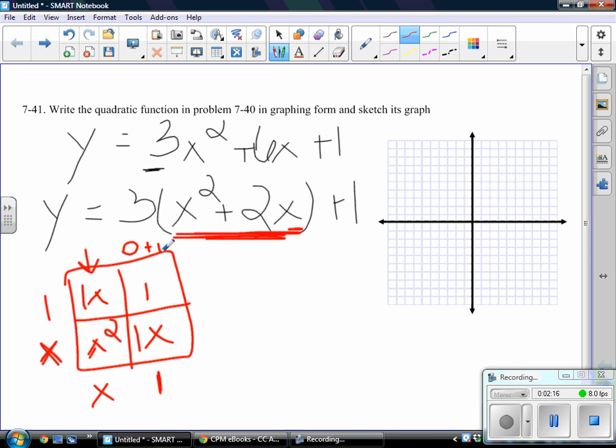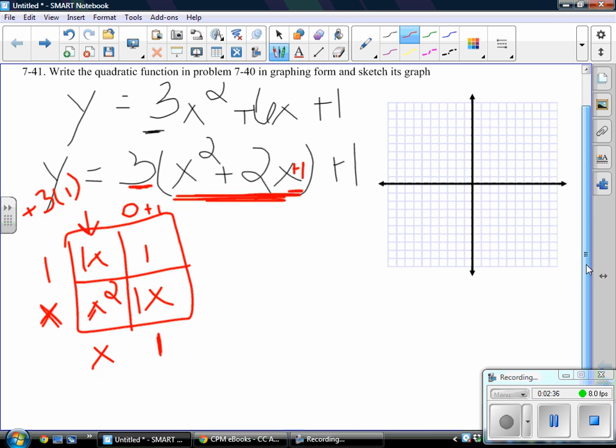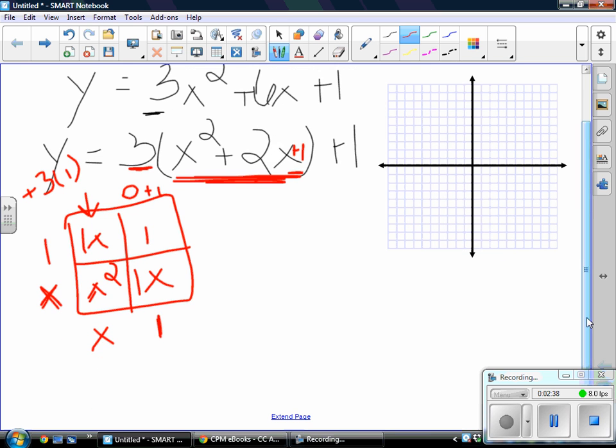Now we talked about this: I'm adding 1 on this side, but I'm really adding 3 times that 1. So I'm really going to add over to the left side plus 3 times 1. Since I factored out that 3 to begin with, I need 3 times whatever I added to make my square.